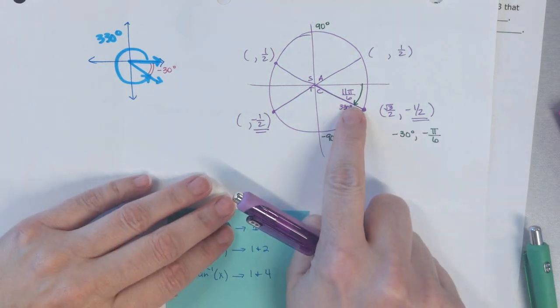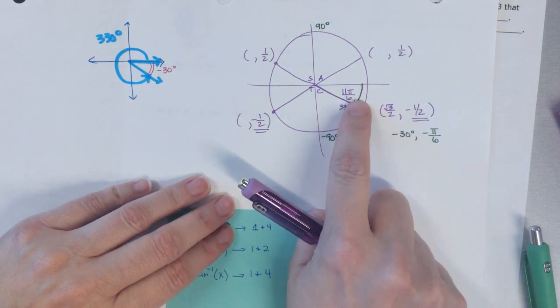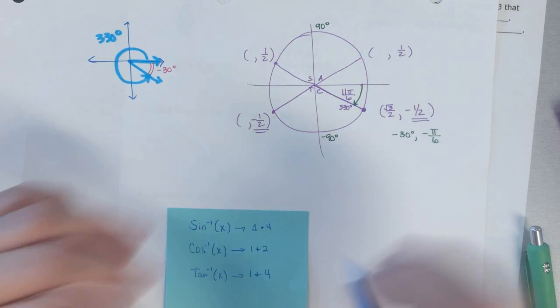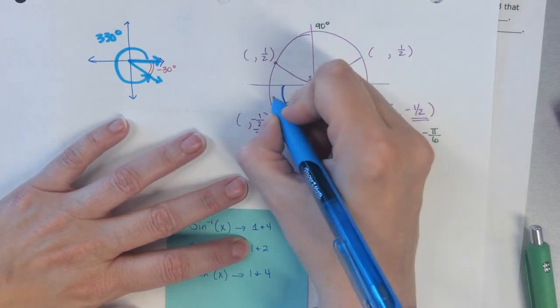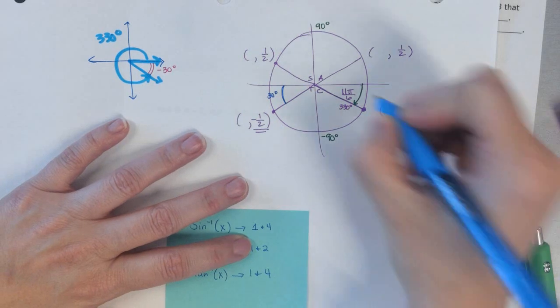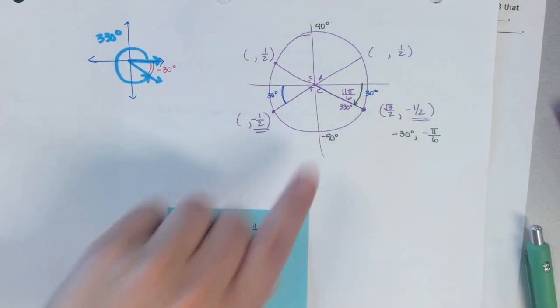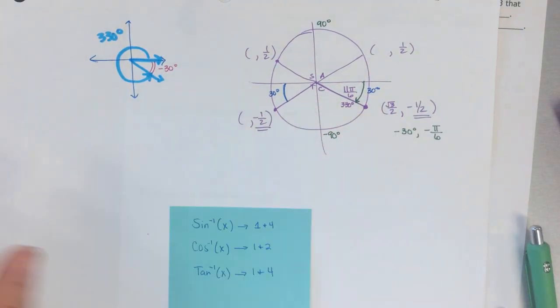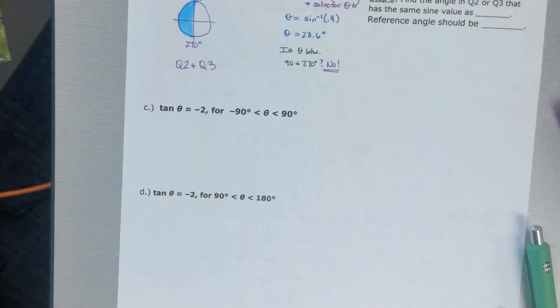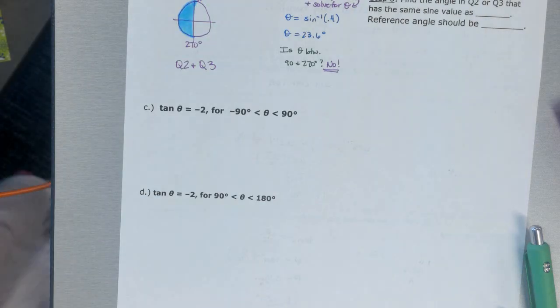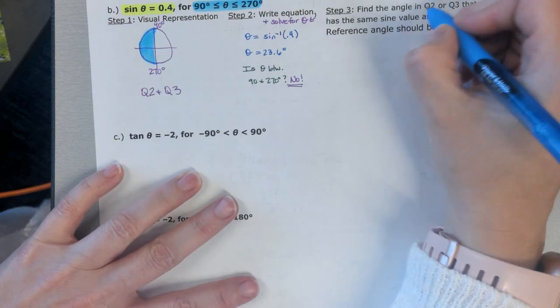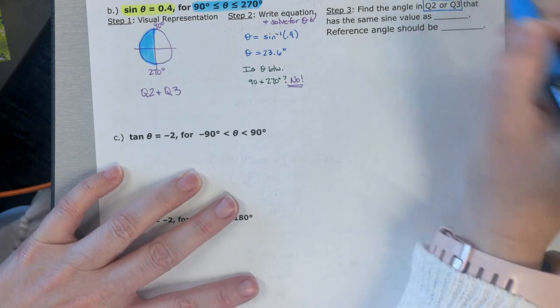So yeah, there's more than one place where this happens, but we can use a reference angle. So we were just talking about reference angles. See how this reference angle is 30 degrees? So what we're going to do is find the equivalent place in the correct quadrant. So this is how we do that. We're going to find the angle that's either in Q2 or Q3.